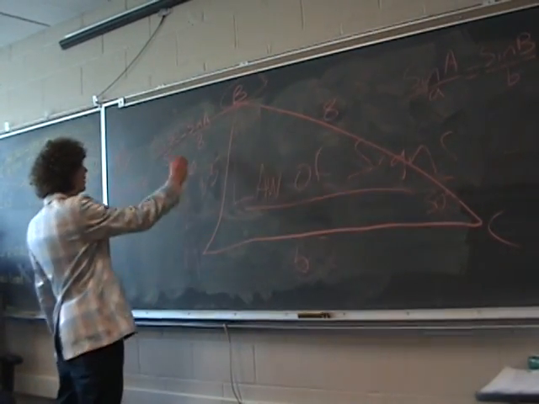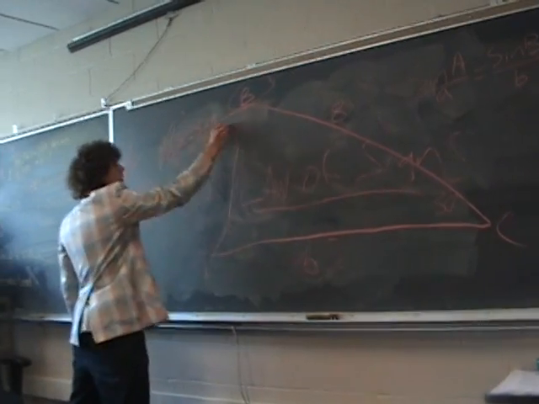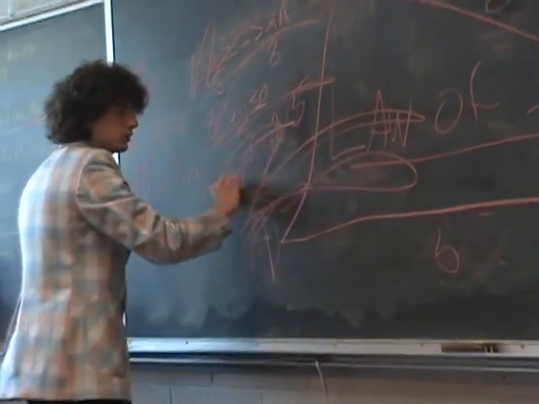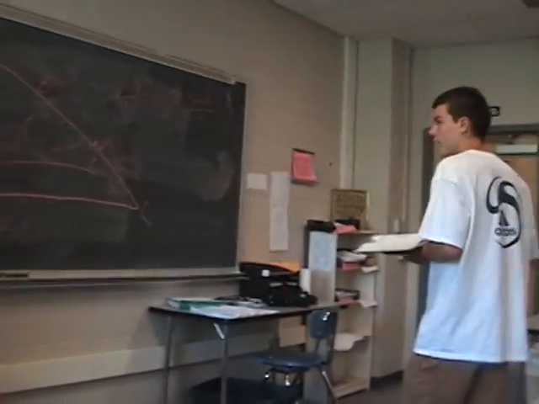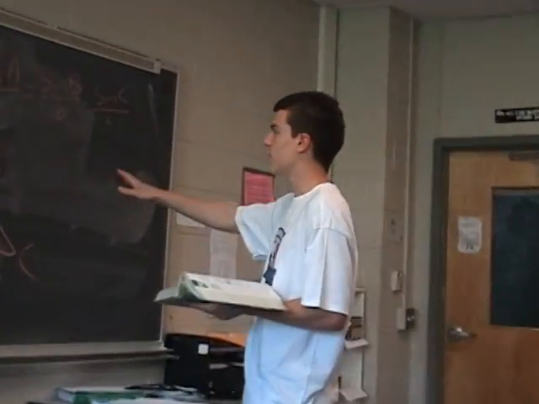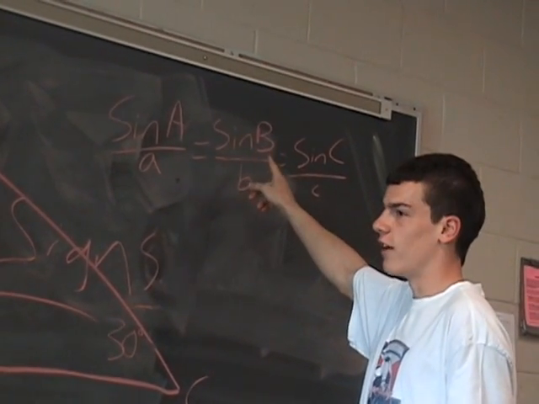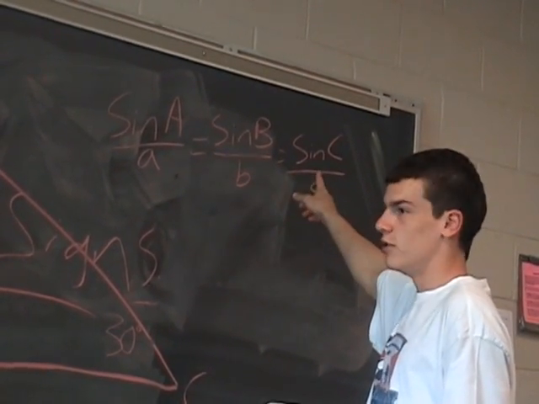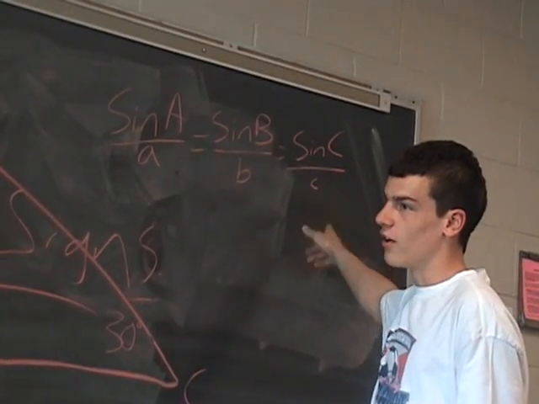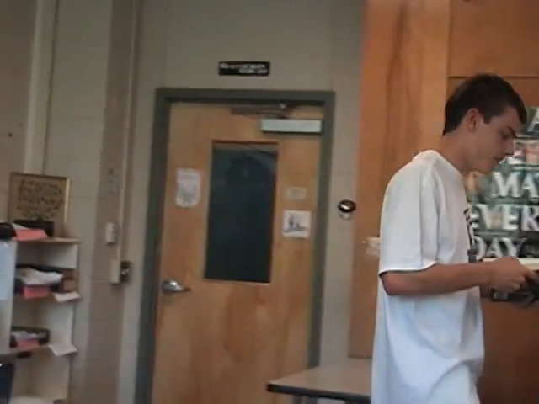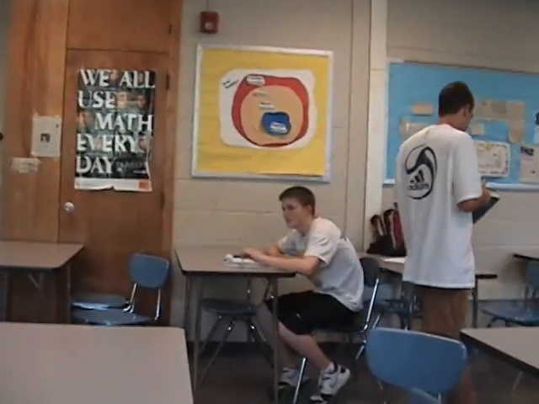Sounded like total crap to me. So I'm just going to scribble this out. Well, Professor Martin, this law clearly states sine of angle A over a is equal to sine of angle B over b, which is also equal to sine of angle C over c. Yeah, that may or may not be true. That's disputable. There's no proof.